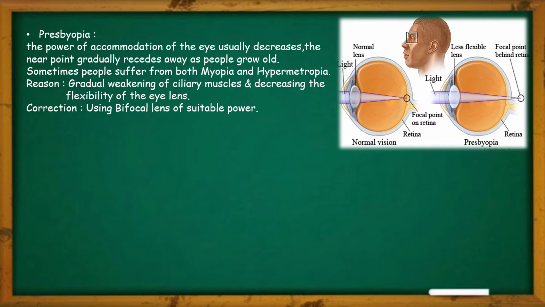Such persons always wear bifocal lenses, so whenever you see people wearing bifocal lenses, you will understand that they are suffering from both myopia and hypermetropia.